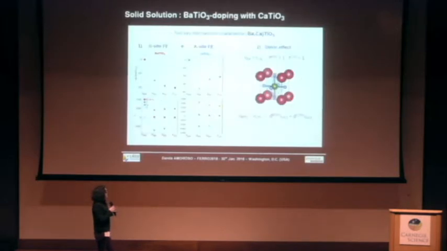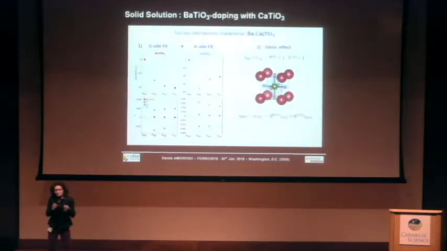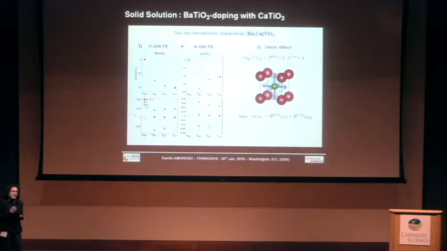And so, now, if we are going to dope BTO with calcium titanate, there are two main mechanisms that will play the major role. One is the fact that we are going to mix two compounds that have two different mechanisms driving the distortion. We have seen that BTO is dominated by the titanium-driven mechanism, while calcium titanate is dominated by the A site, the calcium site-driven polar distortion.